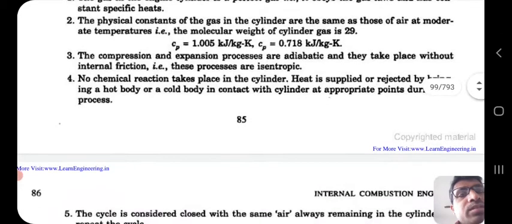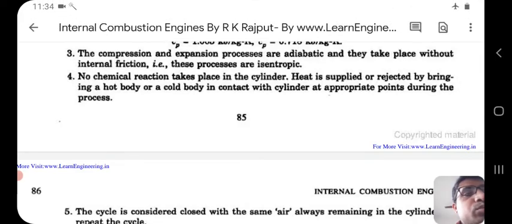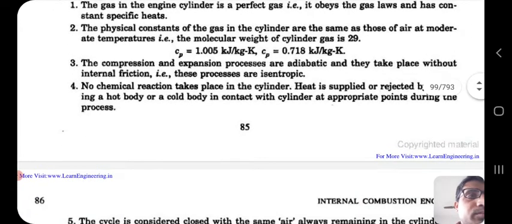The physical constants of the gas in the cylinder are the same as those of air at moderate temperature. That is, molecular weight of the gas is 29, Cp is equal to 1.005 kilojoule per kg Kelvin and Cv is 0.718 kilojoule per kg Kelvin.